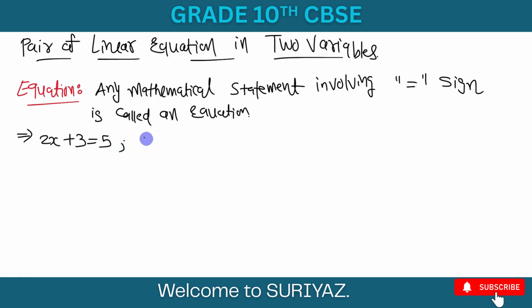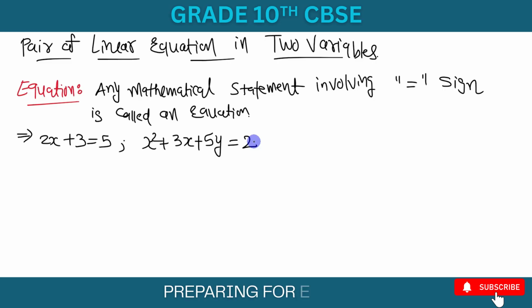Any random expression we write, for example 2x plus 3 equal to 5, equal sign is involved, so it is called equation. x square plus 3x plus 5y equal to anything or 0, this is also called equation. In short, any mathematical statement involving equal sign is called equation. Now, first of all, we have to study the different types of equation.